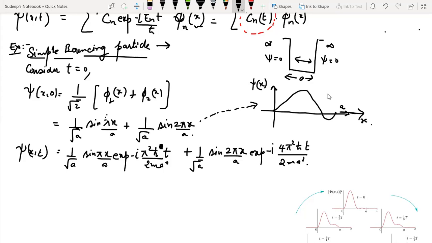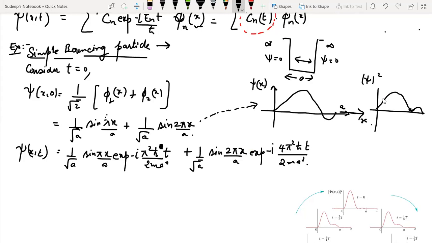Now it is clearly visible that if I take psi mod whole square, it will be like this. So it's quite evident that there would be some smoothness here.